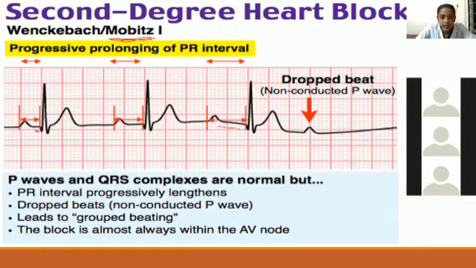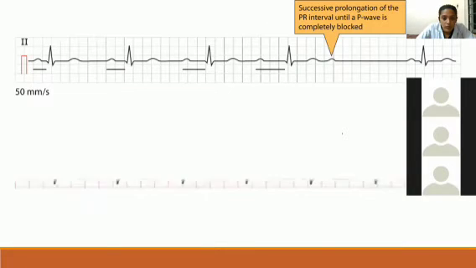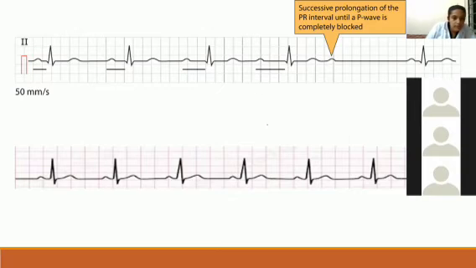Okay, so I will show you an ECG again so that you will understand more. Here this is a normal ECG and this is Mobitz type 1. Here you can see it is marked also.